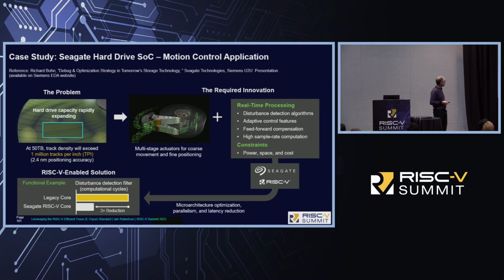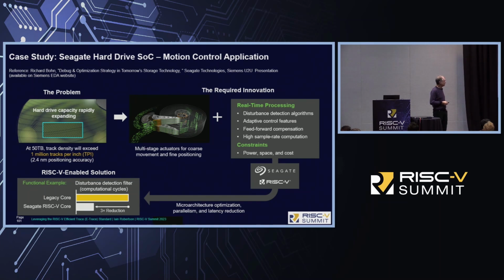In this example, they're building disk drive controllers, modern disk drives. We're talking about 2.4 nanometer positioning accuracy for the heads, and this is obviously going to require huge amounts of real-time compute, but within fairly constrained power and area cost limits.